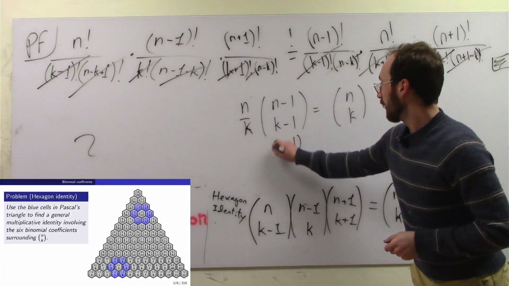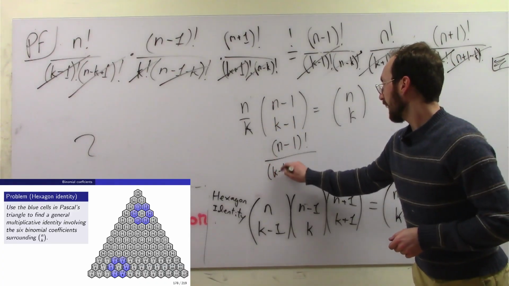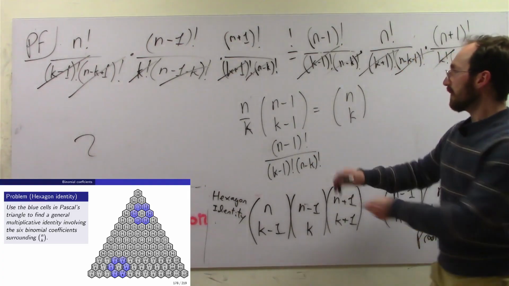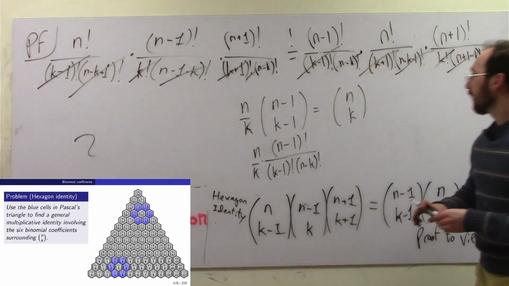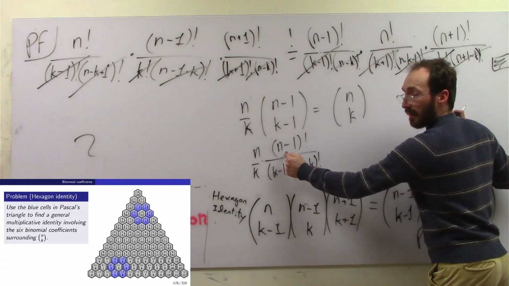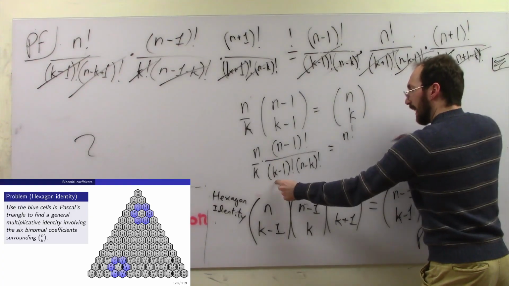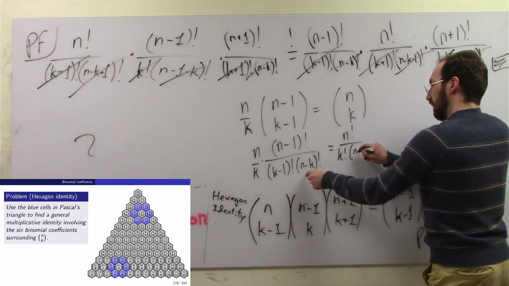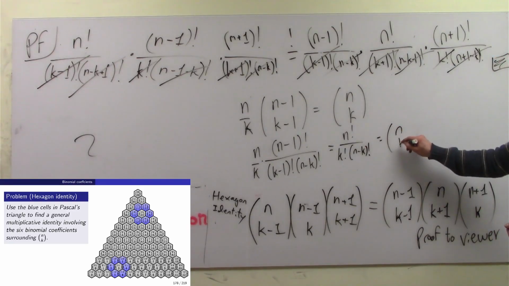This is n minus 1 factorial divided by k minus 1 factorial times n minus k factorial multiplied with this. Thank you, I should have added this earlier. I really do appreciate that. And so what happens here though? So we have n times n minus 1 factorial, which is n factorial, and k times k minus 1 factorial gets us k factorial. We have this. That's perfect. That's exactly what we'd hope it would be.